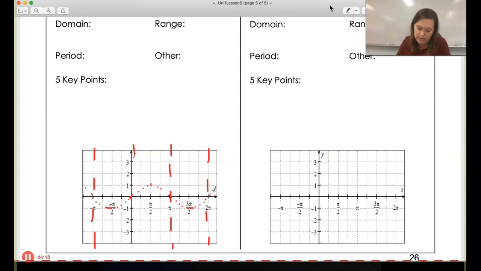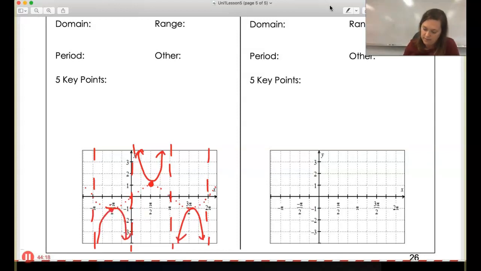And at 0, I missed that, 0 is actually a pi too. So your period of pi. And then at each of those bumps, I'm going to create my vertex for a parabola. So it's going to look like this. So that would be your actual graph. So technically I should get rid of my little skeleton dots. There we go. So that is your graph of a cosecant function.